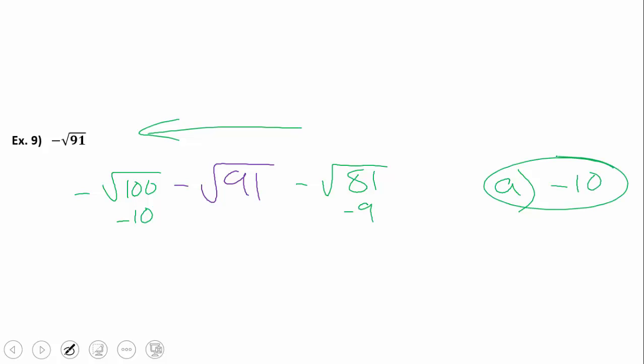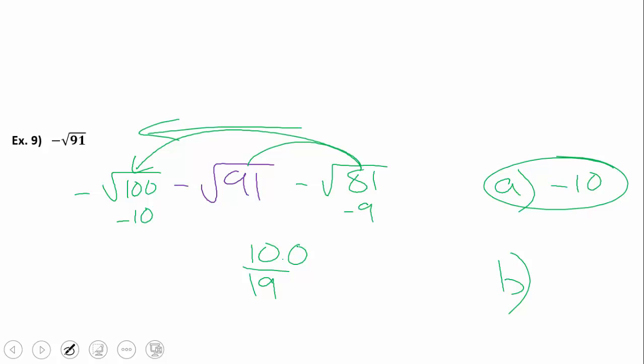Slightly closer. And now we have to do B to the nearest decimal, the nearest tenth, and so we take our distance between negative square root of 81 and negative square root of 91, and that's 10. And the distance between 81 and 100, that's 19. And we put a decimal, and we put our 0. 19 goes into 100.